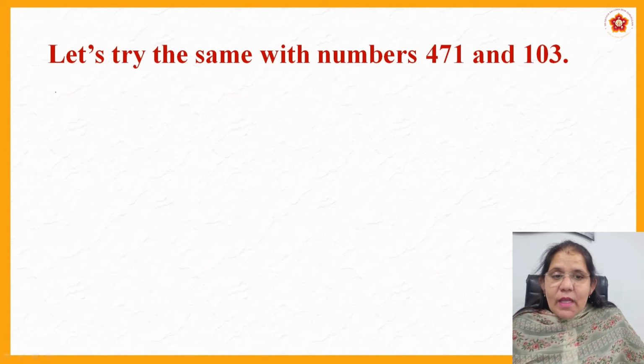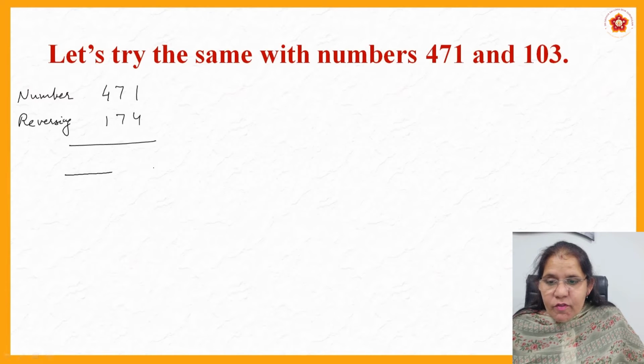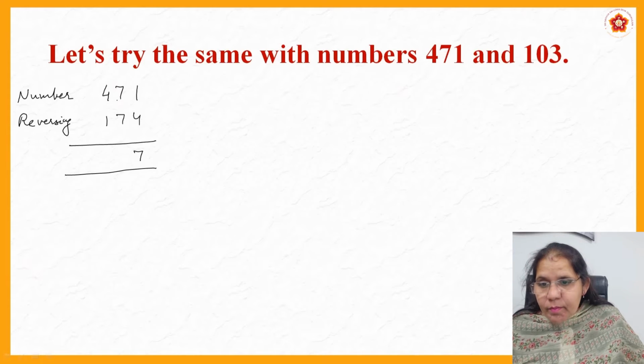Let us try the same with numbers 471 and 103. So the number is 471. On reversing the digits in the number, we get 174. Subtract the smaller from the bigger one. 11 minus 4 is 7. 16 minus 7 is 9. 3 minus 1 is 2.